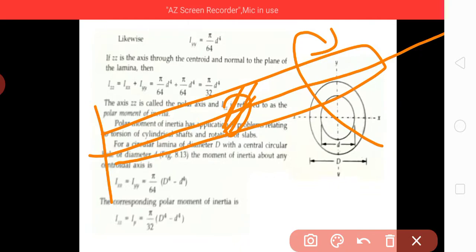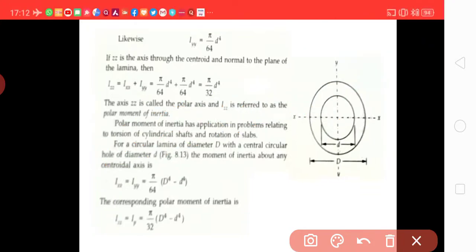Any member which has length much higher than its cross section dimensions, we call it a pole, similar to an electrical pole, you know. Polar moment of inertia has applications in problems relating to torsion of cylindrical shaft and rotation of slabs.